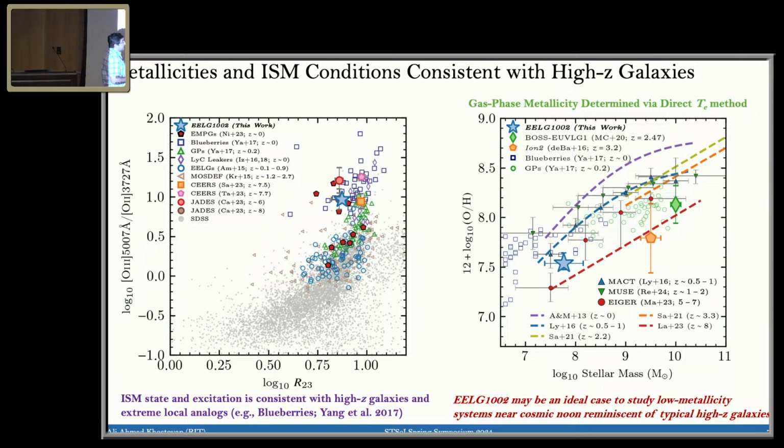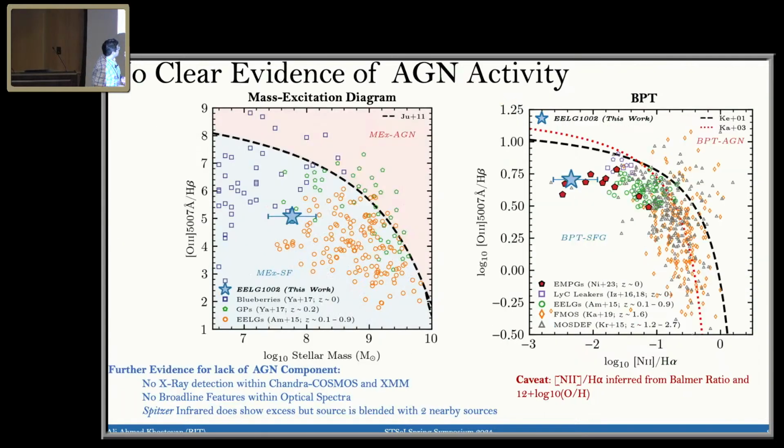Now, when we look at the gas phase metallicity, which is directly measured from the [O III] 4363 line, we find that not only is this source quite metal poor relative to the mass metallicity relation at redshift 0.8, but it's actually also quite comparable to redshift greater than 6 galaxies, such as the ones shown here from EIGER, suggesting that this galaxy is quite comparable to those high redshift sources in terms of their equivalent widths, stellar masses, ISM properties, and gas phase metallicities.